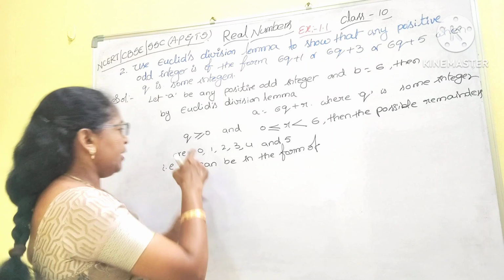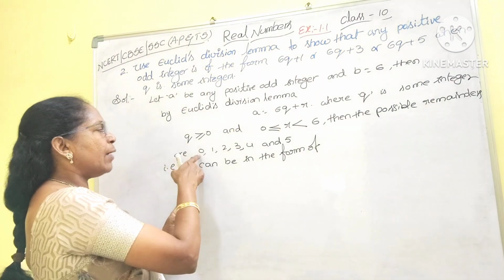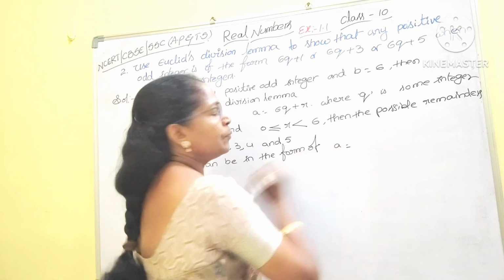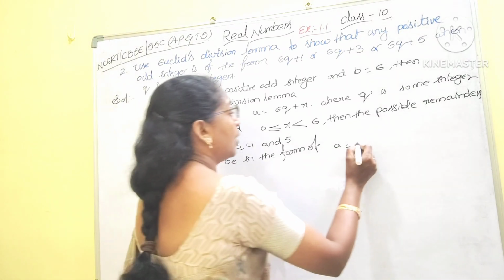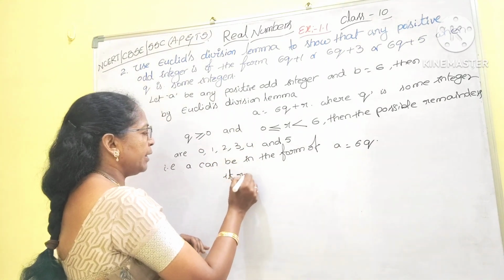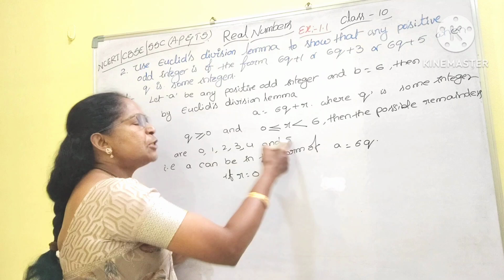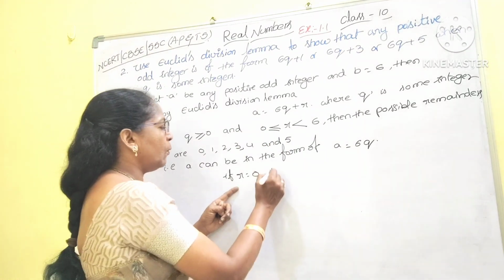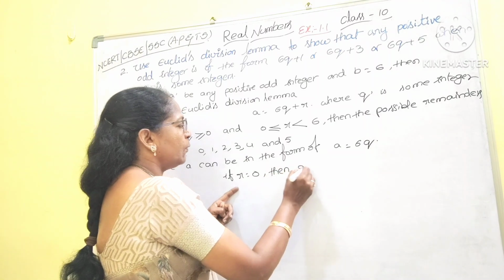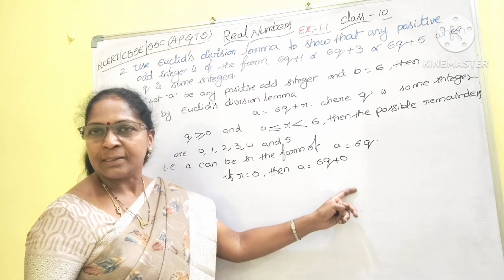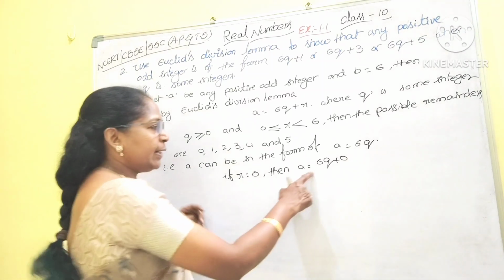Now apply that. If R equals 0, then A equals 6Q plus 0, so we get 6Q.